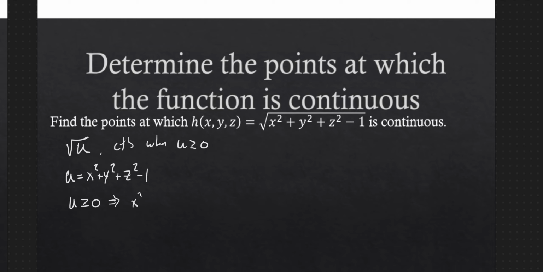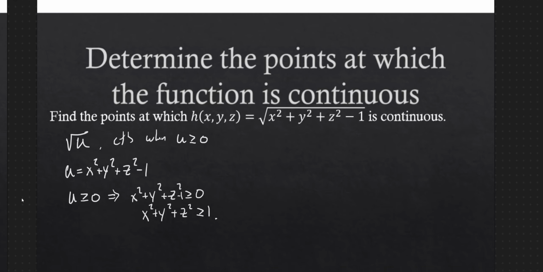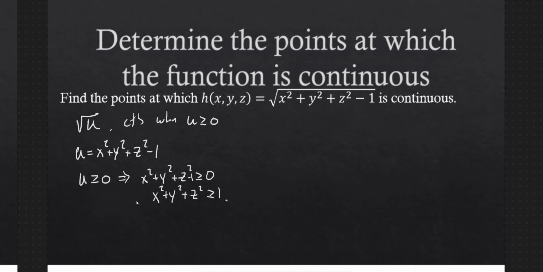So that implies I have x squared plus y squared plus z squared minus 1 is greater than or equal to 0. So I have x squared plus y squared plus z squared has to be greater than or equal to 1. So if this is true, then this h function is continuous.